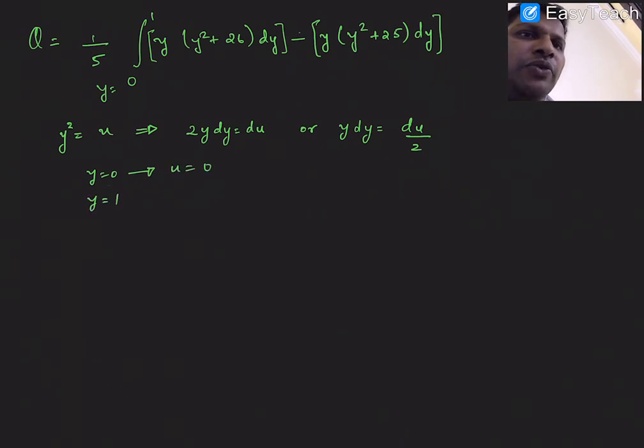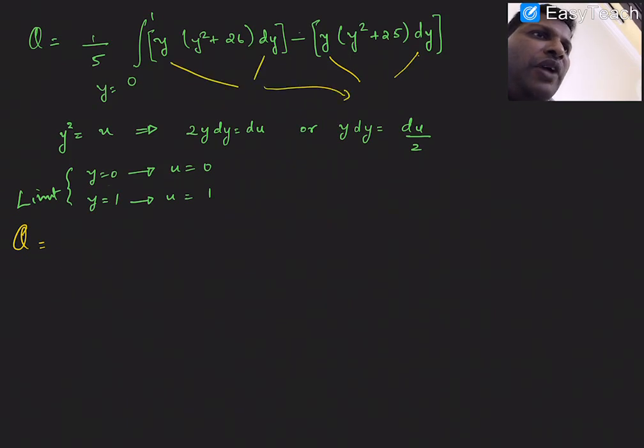When y is equal to 1, this is regarding the limit for y, so u will become 1. So we will get q as, if I replace this y into dy with du over 2, there will be 1 by 2, and already there is 1 over 5, so this becomes 1 over 10.